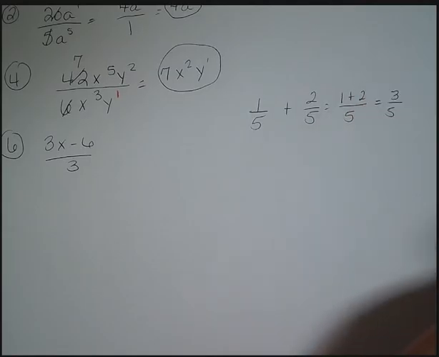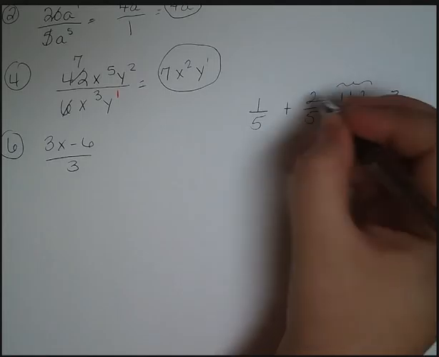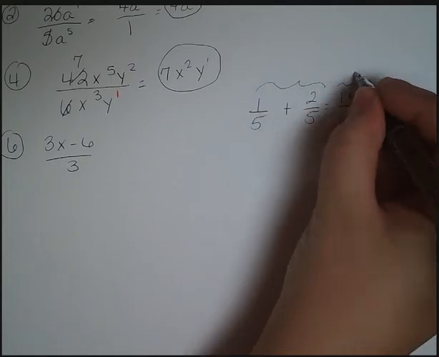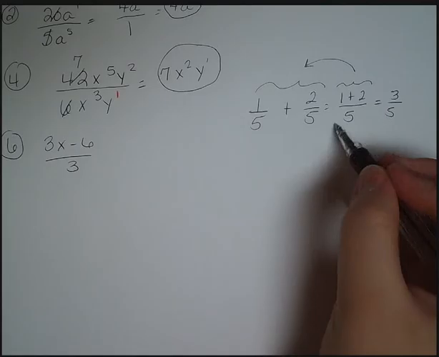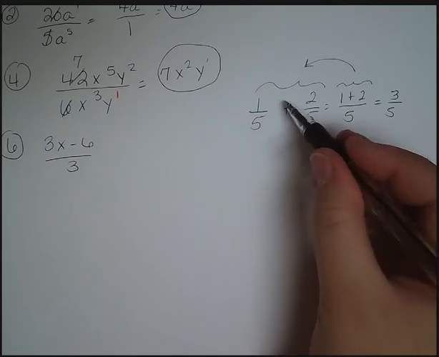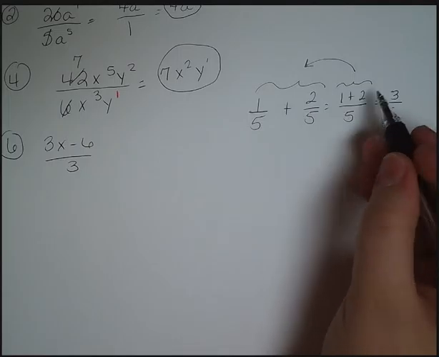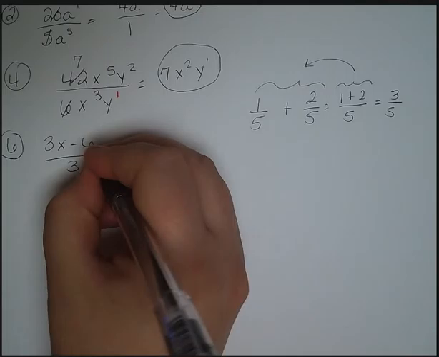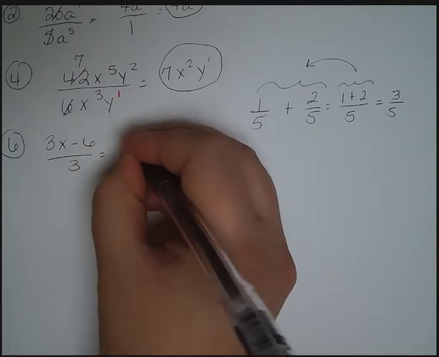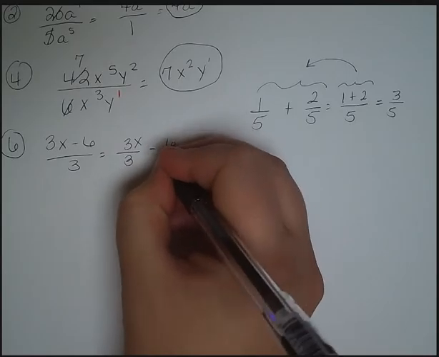So what we're going to be doing is bringing our problem from this step to this step. Notice how you've got 2 numbers in your numerator all over the same denominator. And notice that in the previous step, they've got the 1 over 5 here, and they have the 2 over 5 here. So we're going to separate number 6 to be 3x over 3 and negative 6 over 3.